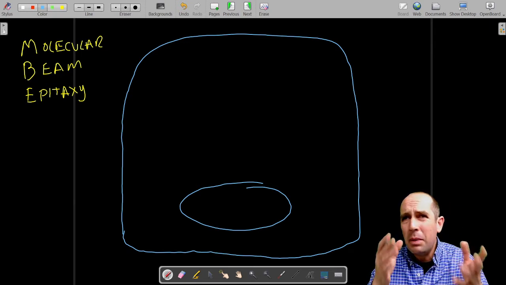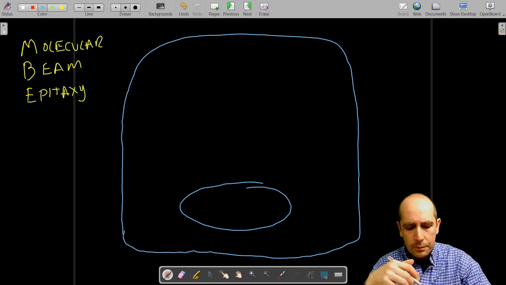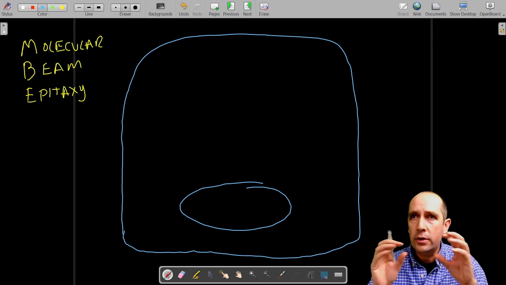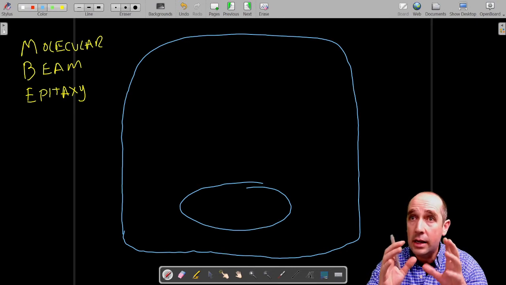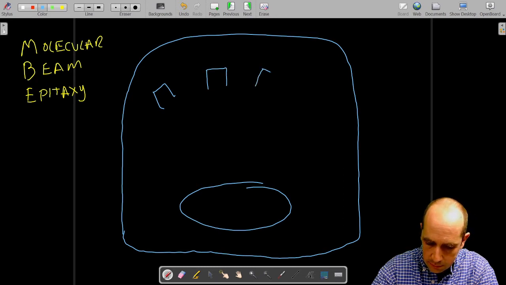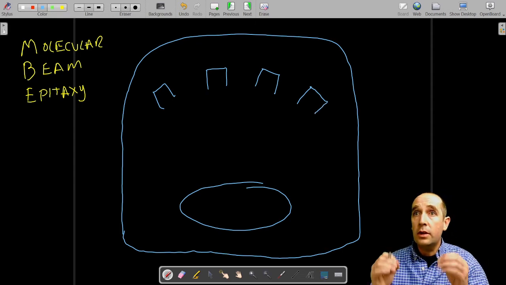And then depending on the semiconductor or the different semiconductors that you want to grow, you put a series of little furnaces, little containers that you can heat up electrically. So you have a collection. I will just draw 4, but you can have more of these containers where you can put different materials.